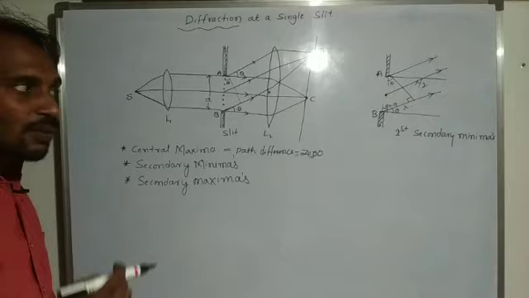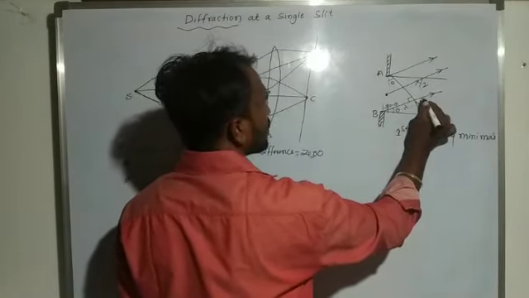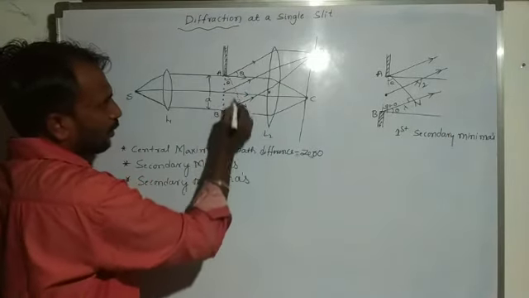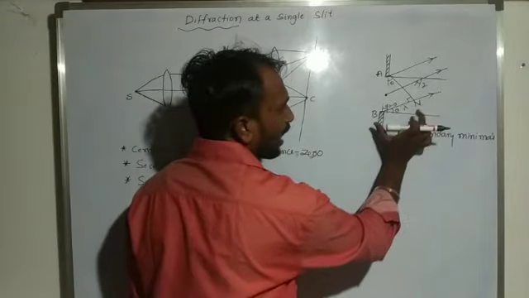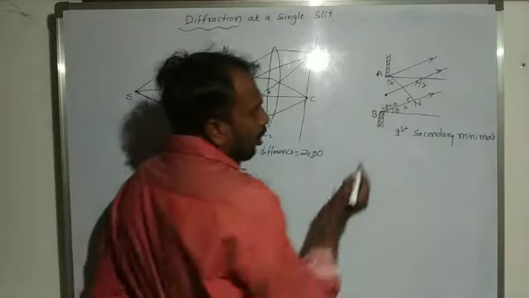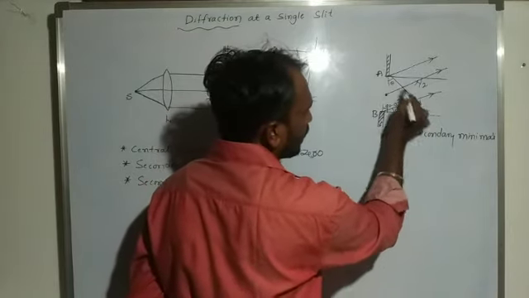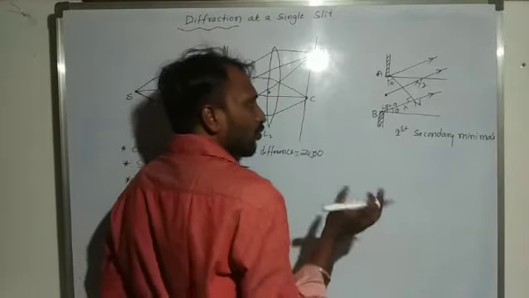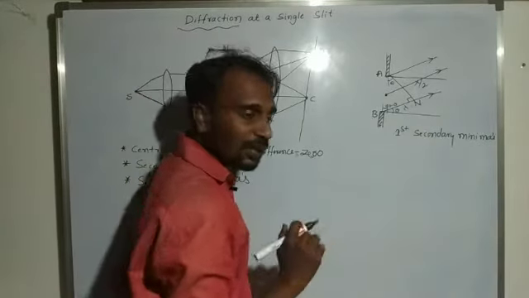So the path difference: suppose AN is perpendicular to this BX. Here the path difference is nothing but BN, so the path difference BN is equal to lambda. In this triangle ABN we use the sine function, because we want the BN value, and BN is the path difference.